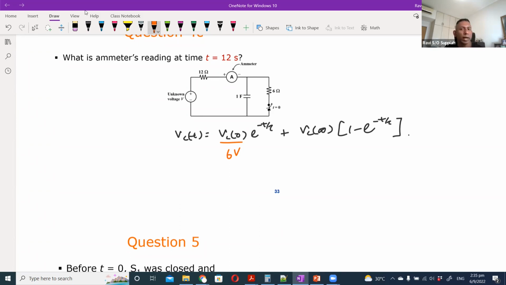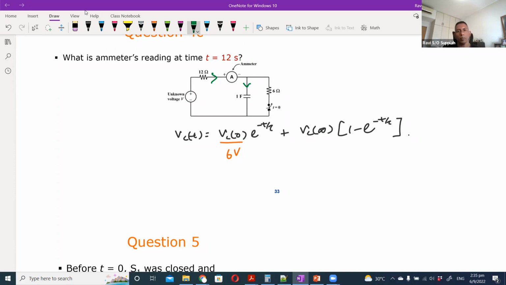Now when I leave the circuit as it is after I flip the switch, what will happen? We know that the current is flowing this way and into the capacitor, which means it is effectively charging up the capacitor until a point of time where both the voltages would be the same.